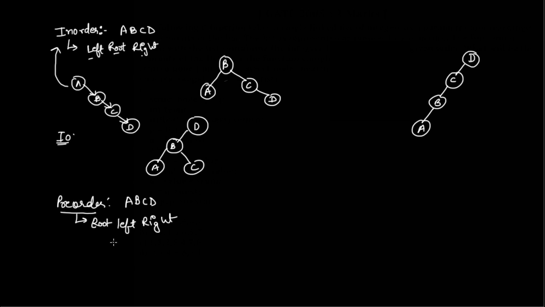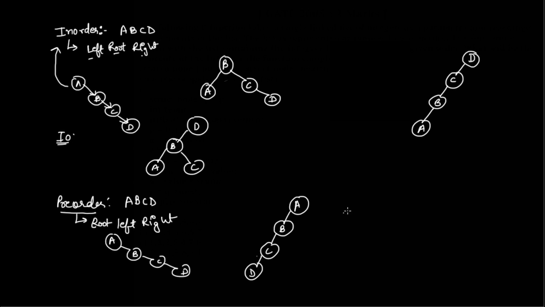Let us suppose we are having this tree A, B, C, D. For this tree we are going to get the pre-order as A, B, C, D. Now let us see if there is any other tree with the same pre-order. It will be A, B, C and D. For this tree we are also going to get the same pre-order.